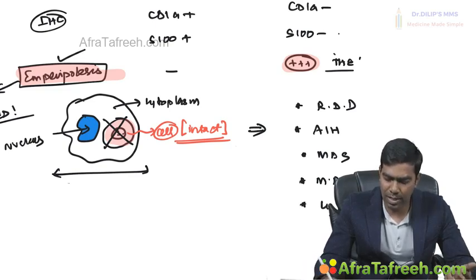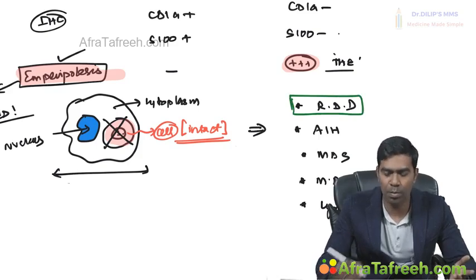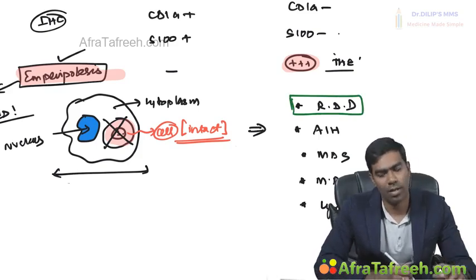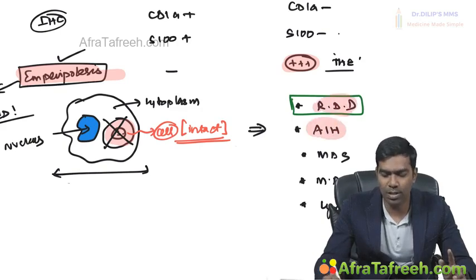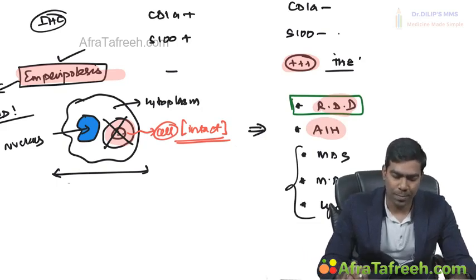Sometimes, rarely, you can see it in many lymphomas and leukemias, a lot of areas. But the most important in exam, the moment they say emperipolesis, you have to think about Rosai-Dorfman disease. Relatively important is autoimmune hepatitis. But other things, it's your wish to remember or not. That's it.